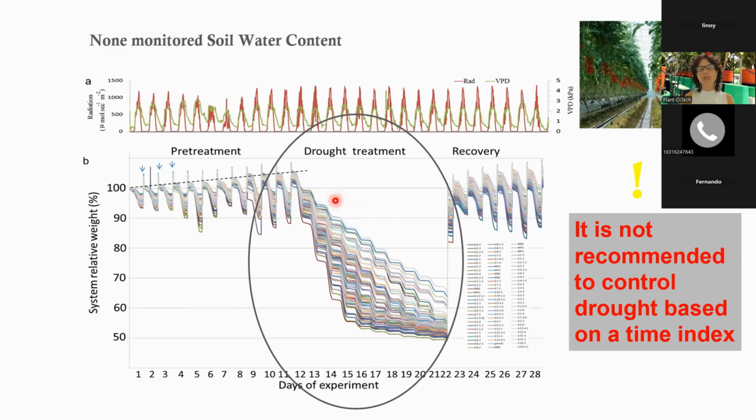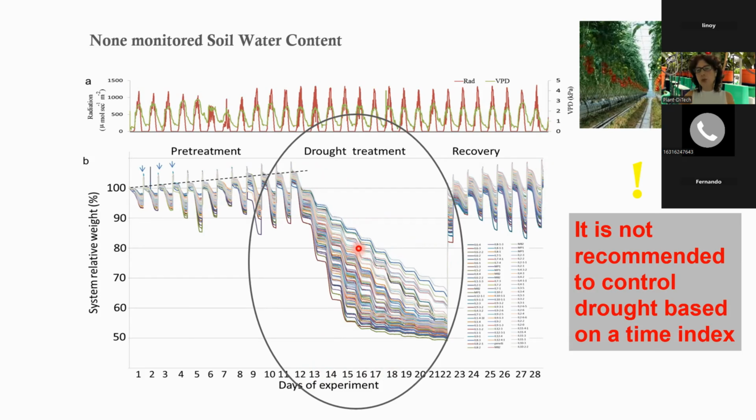I say kind of because we don't maintain the soil water content here. What you see is just the response of the plant when we close the tap. And you see a very big span of reactions by the different plants. These are different genetic tomato plants. It's just closing the tap and letting time do its work, but the soil water content is actually very different.